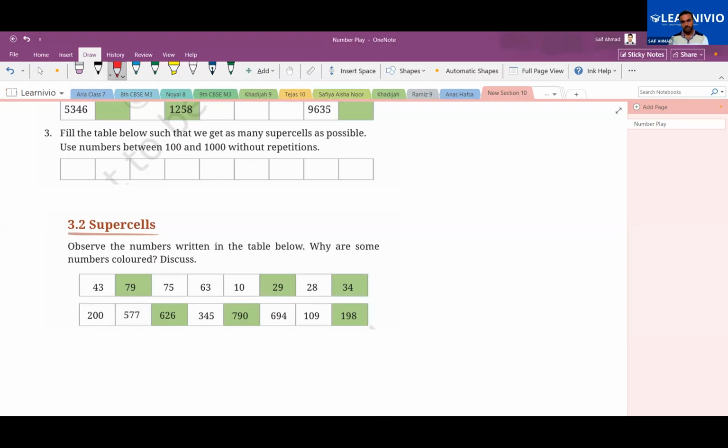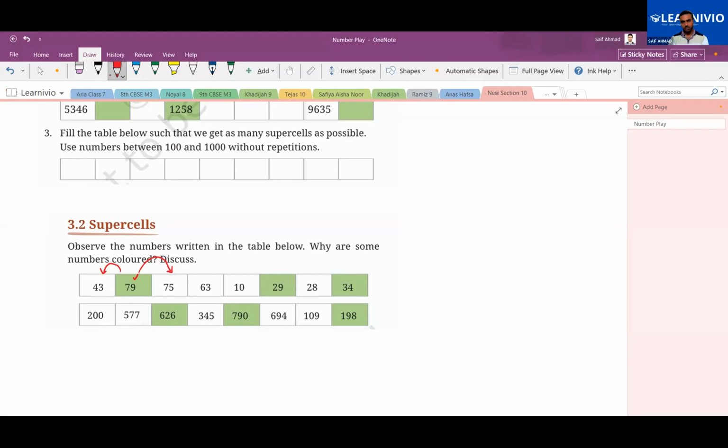If the number in a cell is larger than its preceding number and the succeeding number, it will be colored. You can see 79 is larger than 43 and larger than 75, so it will be colored. Now the next number, 75, is not larger than 79, so it is uncolored.